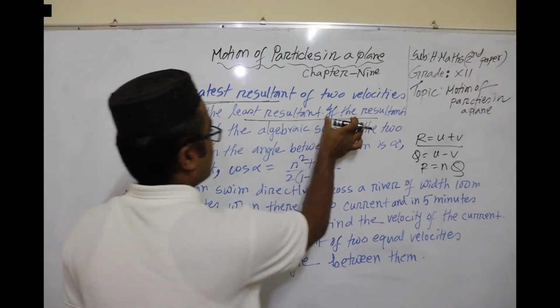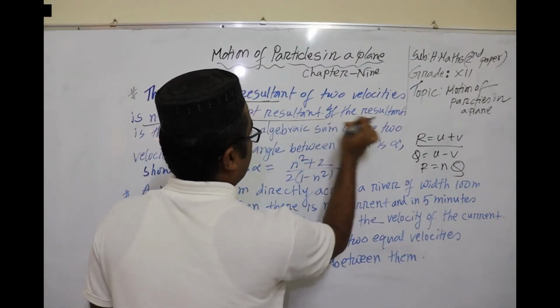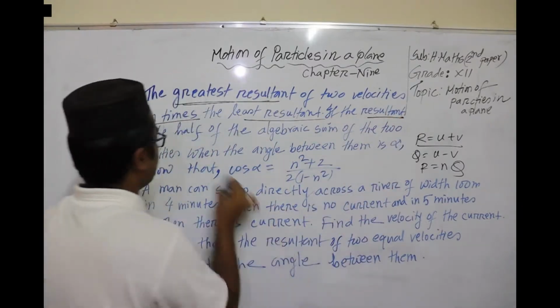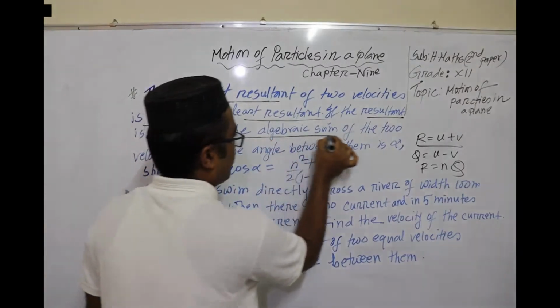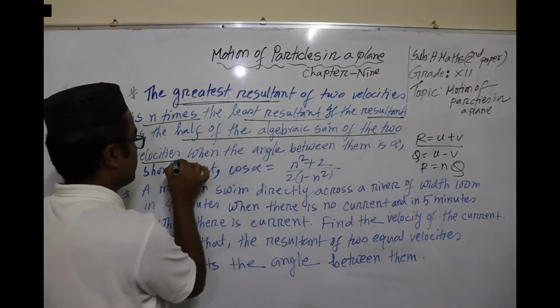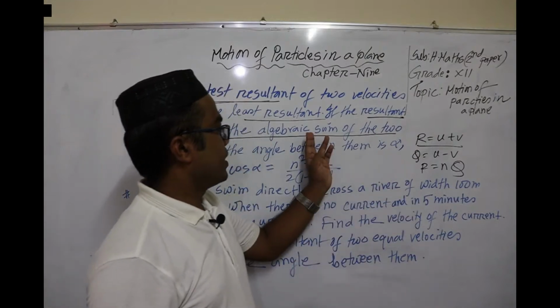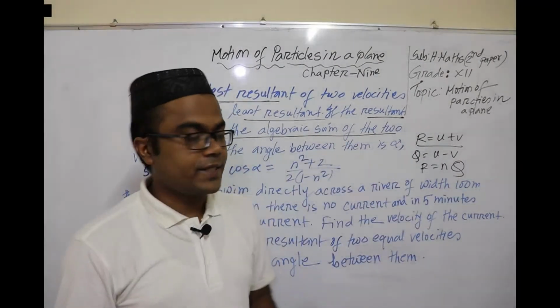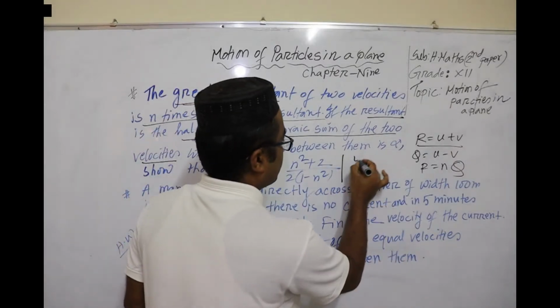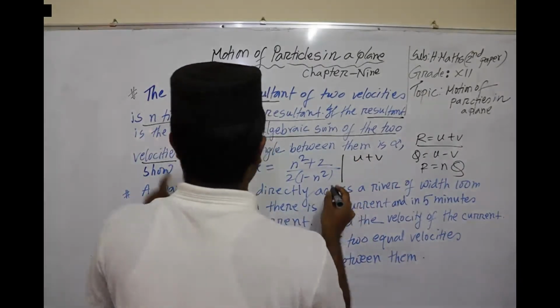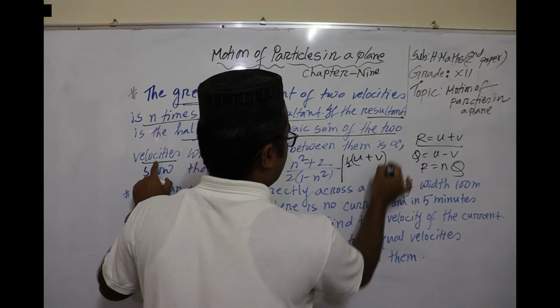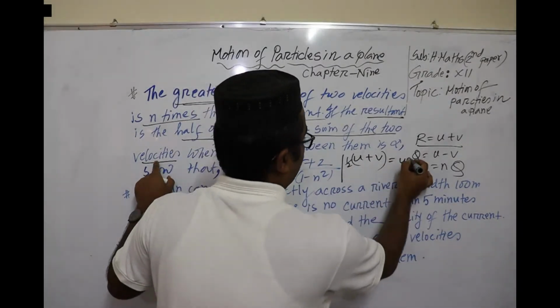This one is Q1. If the resultant is half of the algebraic sum of the two velocities, means half of u plus v equals the resultant.